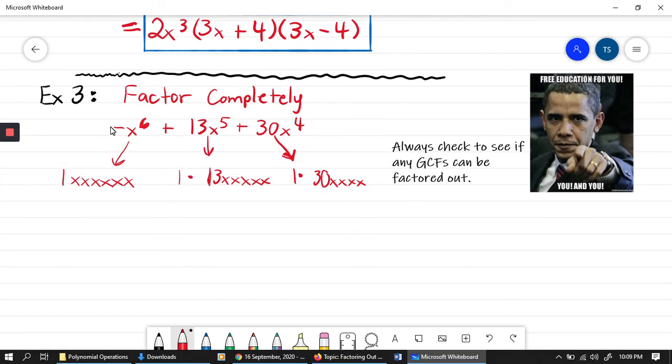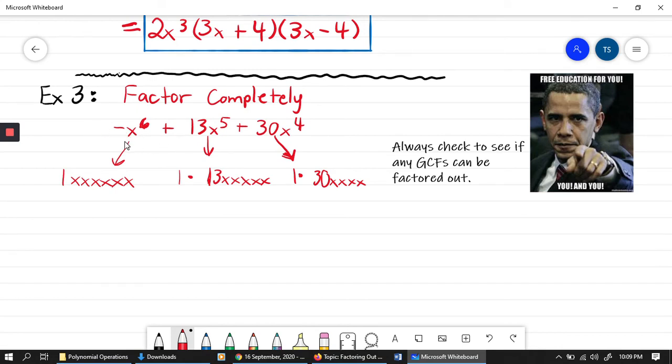Before we actually look at what the GCF is here, I just want to point out that leading term here, the negative x to the 6th, that's a negative number as the leading term.